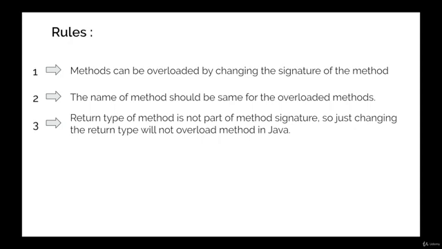We already know that the return type is never part of the method signature. Two methods can only be overloaded when they have the same name but different parameters. Return type doesn't come into consideration here because it is not part of the method signature. So these are the three rules.